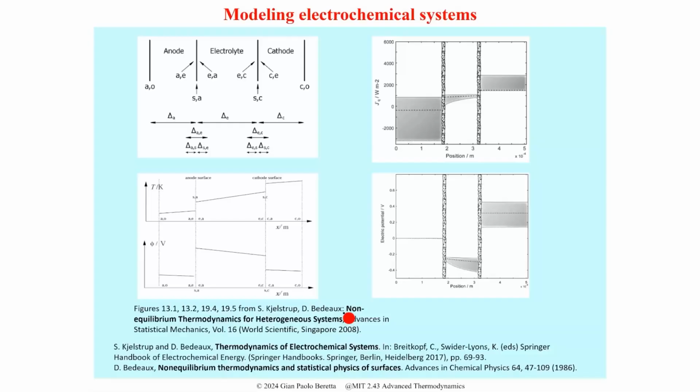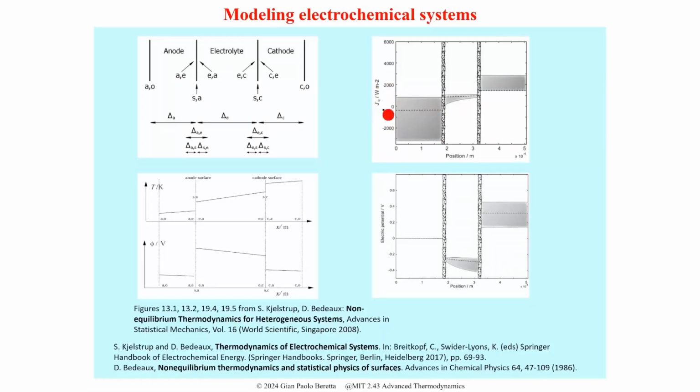This book, Non-Equilibrium Thermodynamics for Heterogeneous Systems by Kjelstrup and Bedeaux, is an excellent starting point for doing things properly the way we've done. And also for realizing that you can compute distributions in the heat.